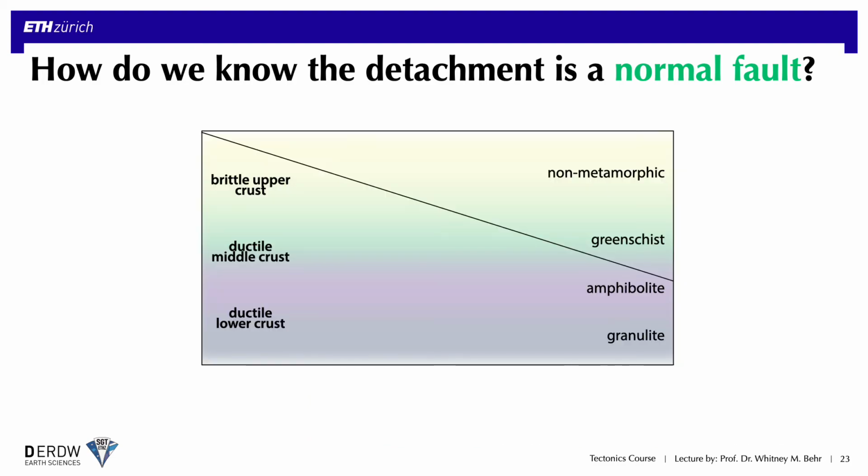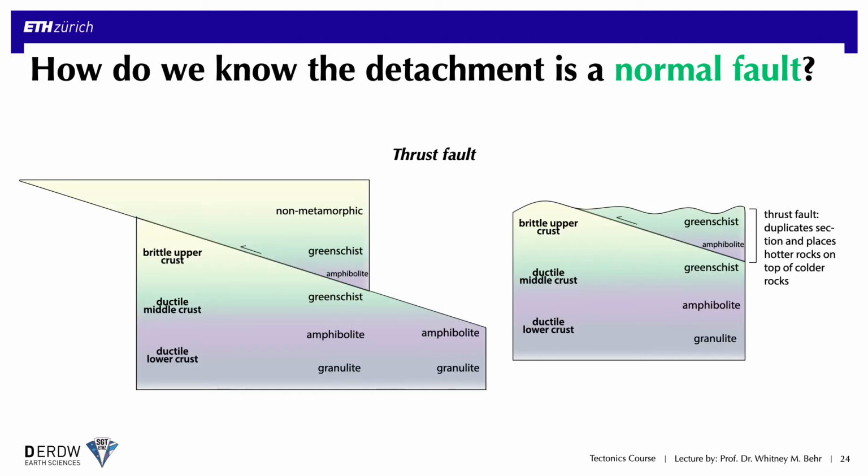Let's just do a quick thought experiment to figure out how this helps us recognize this as a normal fault. So here I have a crustal column cut by a moderately shallow fault, going from the surface down to amphibolite facies. Now let's offset it in a thrust sense, as in the diagram on the left, and then let's pretend that we erode the surface down a little bit, as shown in the diagram on the right.